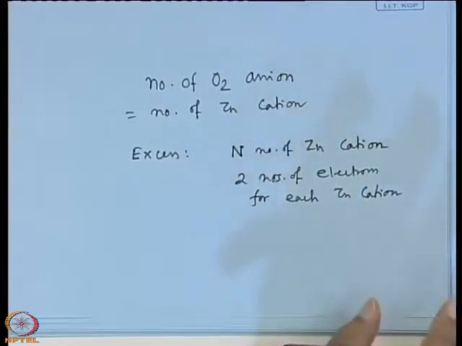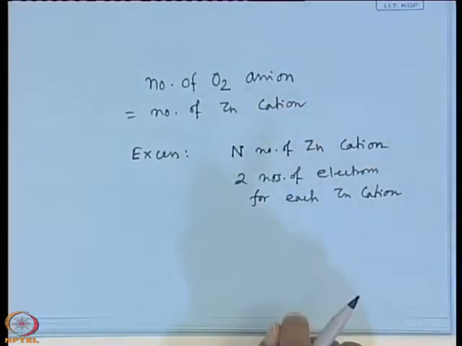That is why it is electrically neutral. The number of oxygen and number of zinc is the same, and for each excess zinc cation, there are 2 electrons. So, that is why it is electrically neutral in nature.